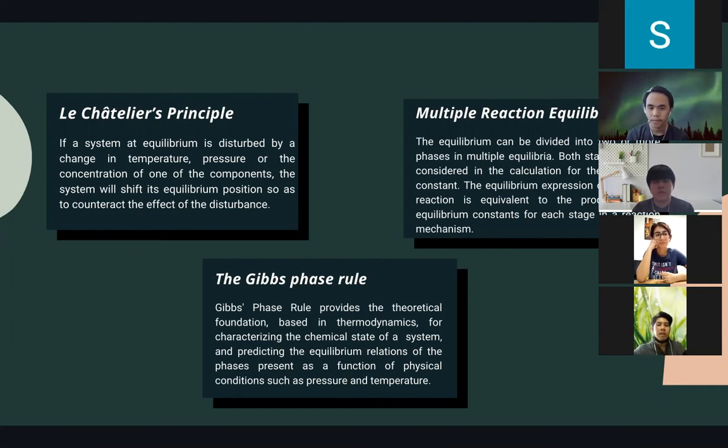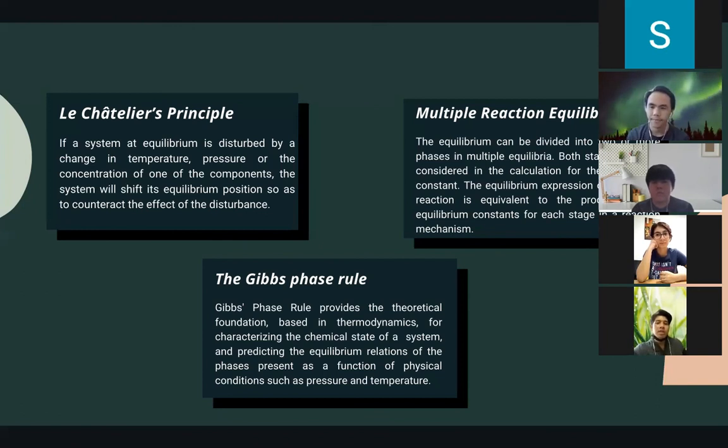So the next one tells us about the Gibbs phase rule, which is on the chemically reacting systems. It provides the theoretical foundation based in thermodynamics for characterizing the chemical state of a system, predicting the equilibrium relations of the phases present. And the last one is the multiple reaction equilibrium.